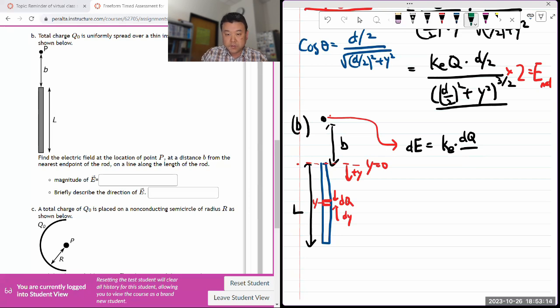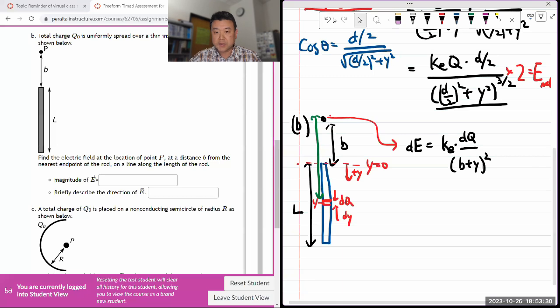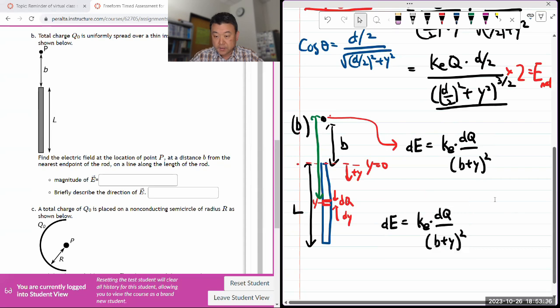So I'm looking for this distance here. So there will be b plus y, so (b plus y) squared. And y is going to be positive. Good? Okay, so once I have that expression, let me copy that down so that I can put some spaces in it for things I'm going to be doing.